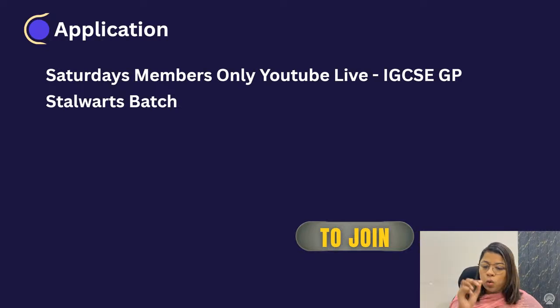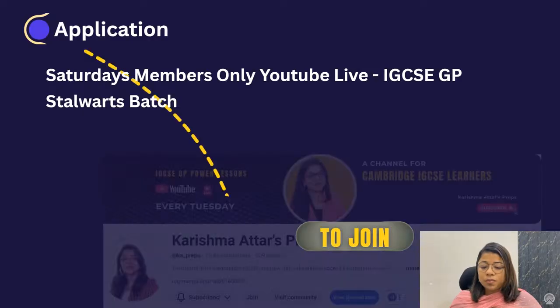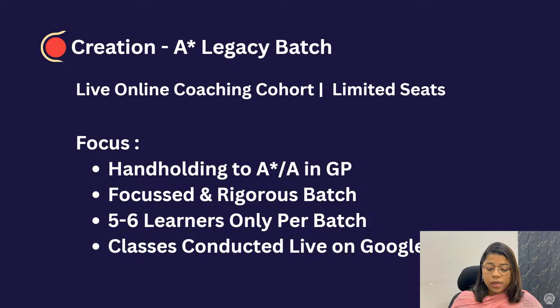So if you go on my homepage, you will find the members only tab, and you will be able to see all the application level lessons. That is level 2.